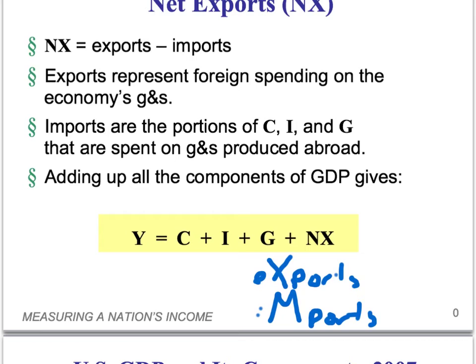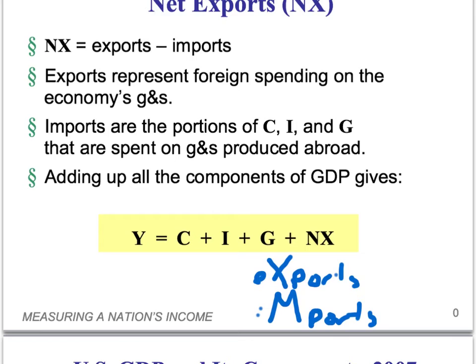Just so if you see it written like that, you understand what's going on. So net exports is just simply what you send out to other countries minus what you bring in. And this represents all parts of the equation.